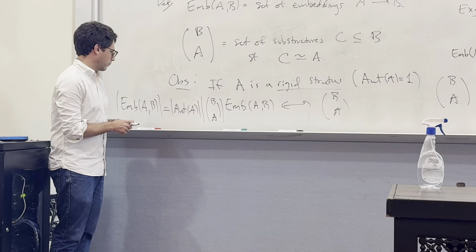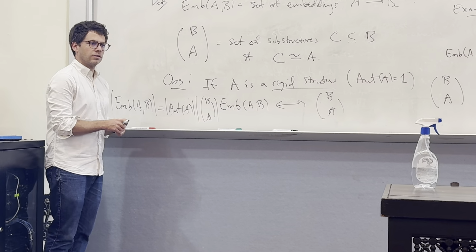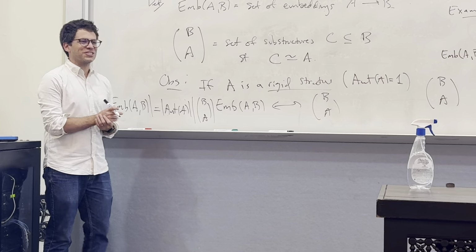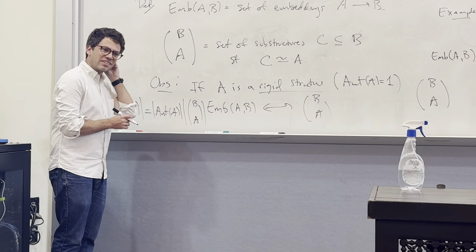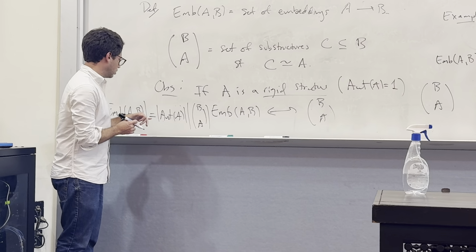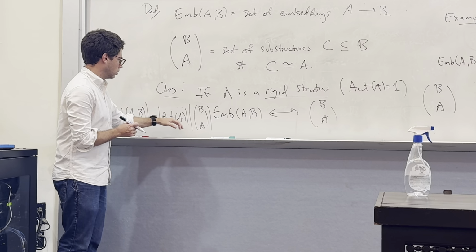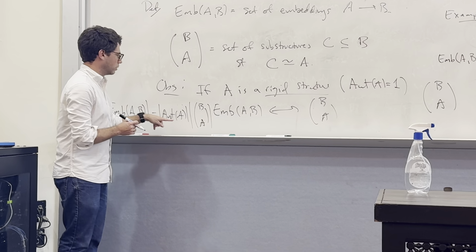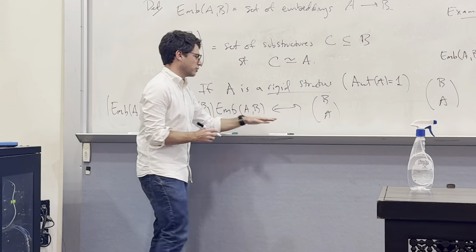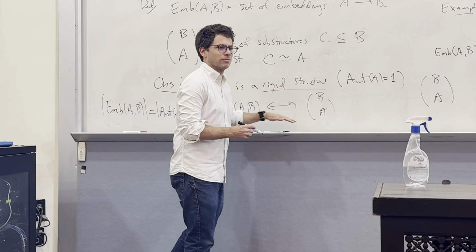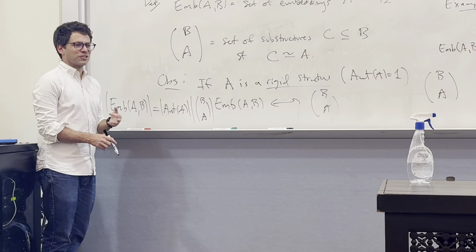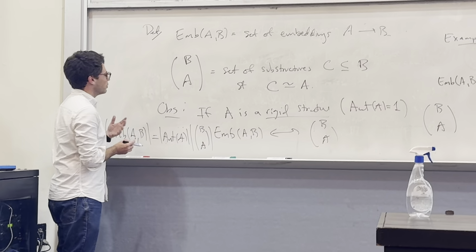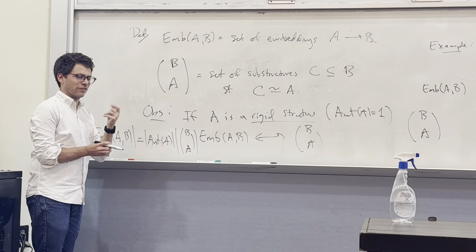What's this double-headed arrow? I just said it was informal, saying that there's a bijection, a correspondence between these two. Yeah, but there's a joke about Serge Lang that I heard once, which is that he was a real stickler for notation.